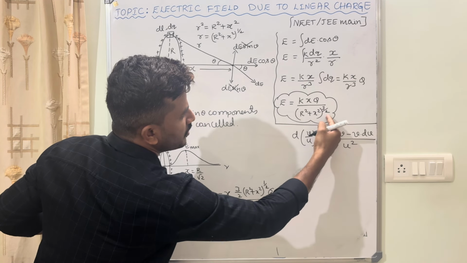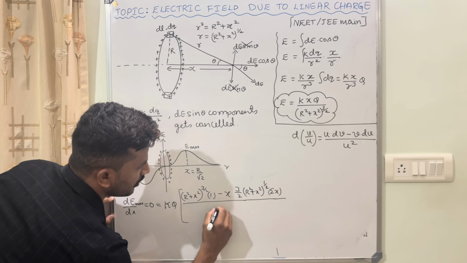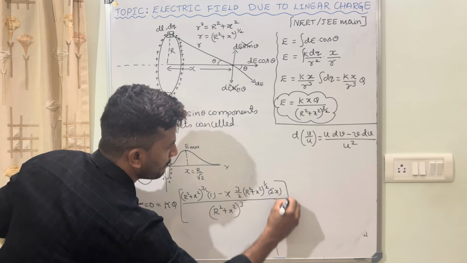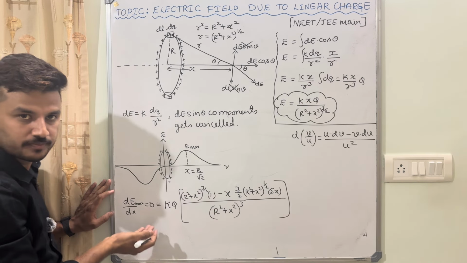Already 2 is there, so the 2 gets cancelled, which is equal to 0.